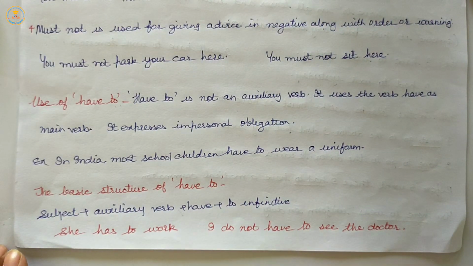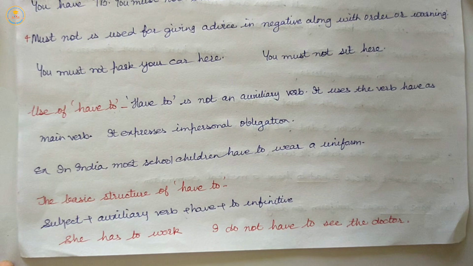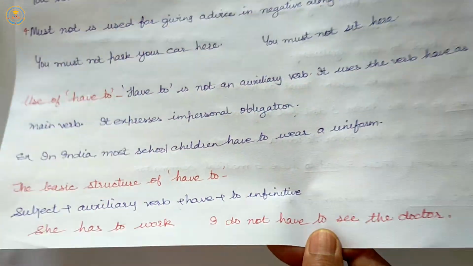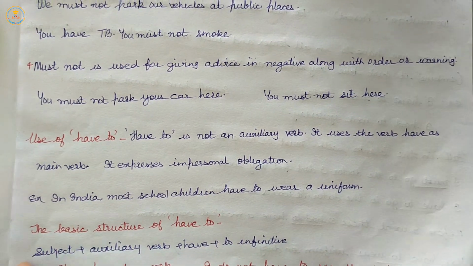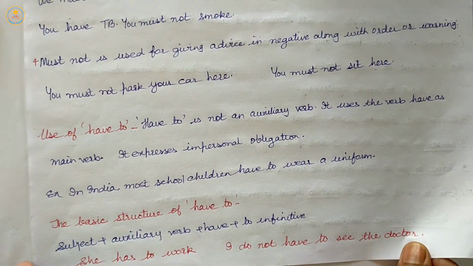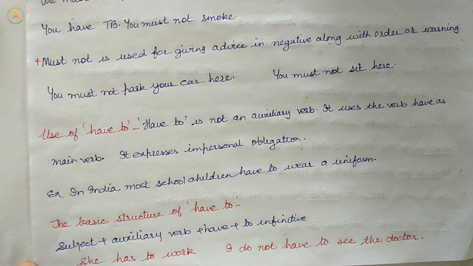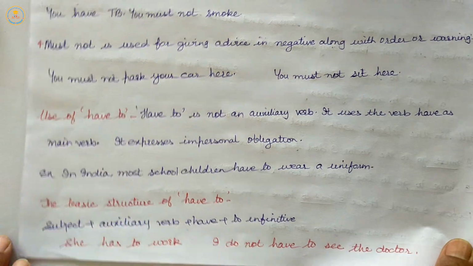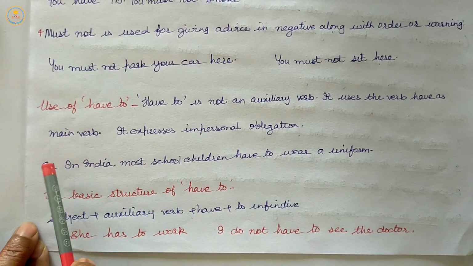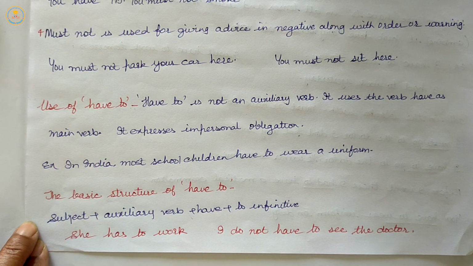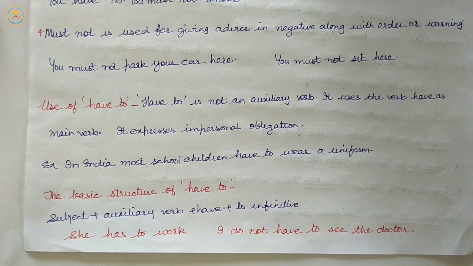Have to is not an auxiliary verb. It uses the verb have as main verb. It expresses impersonal obligation.